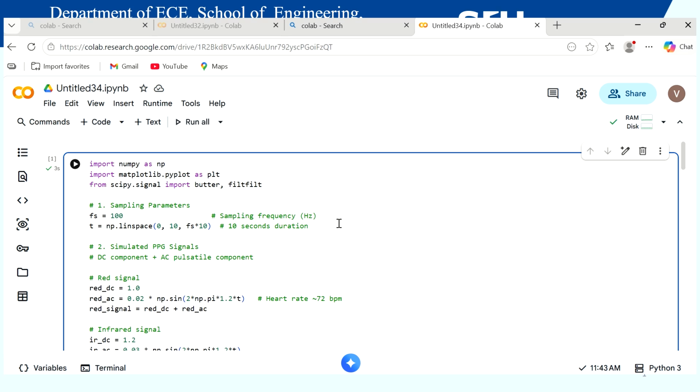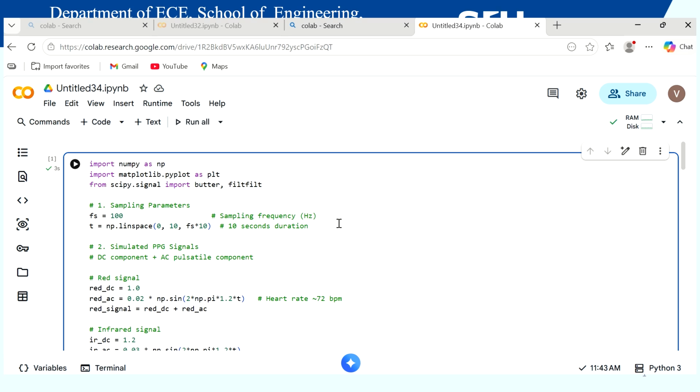Finally, we are going to simulate a pulse oximeter system, process red and infrared IR PPG signals, and then estimate SpO2, that is oxygen saturation.